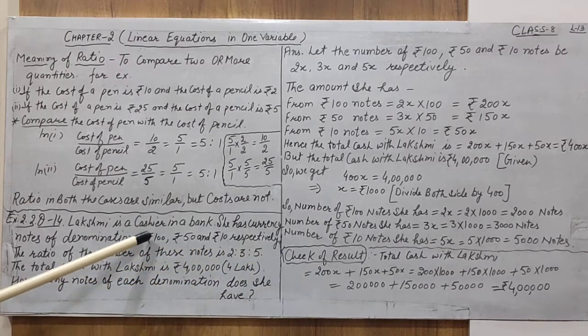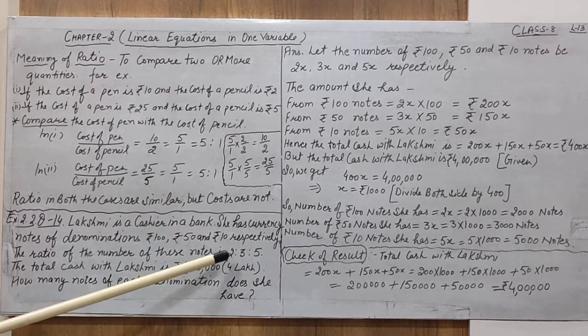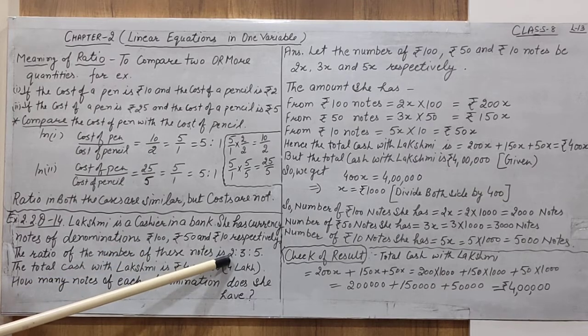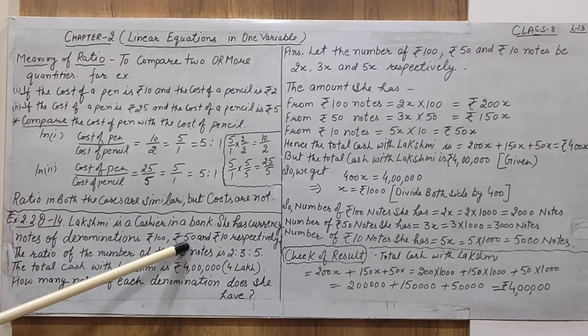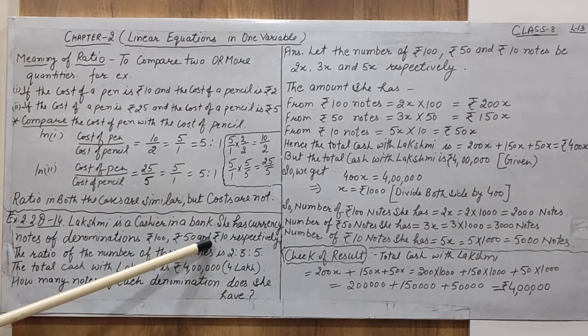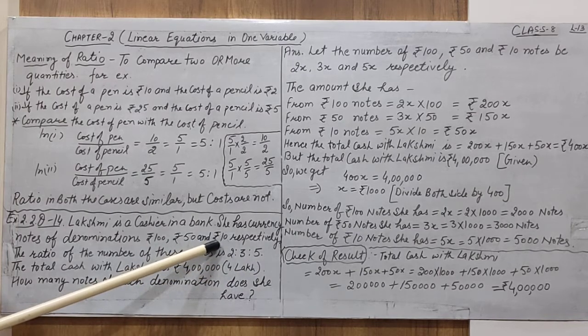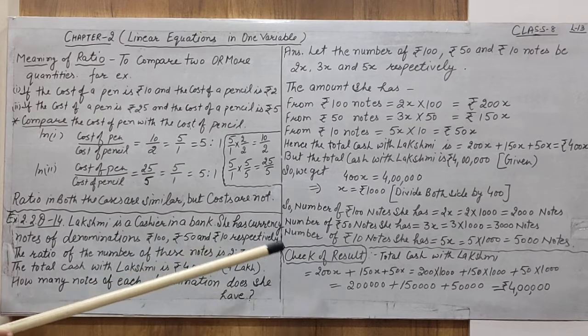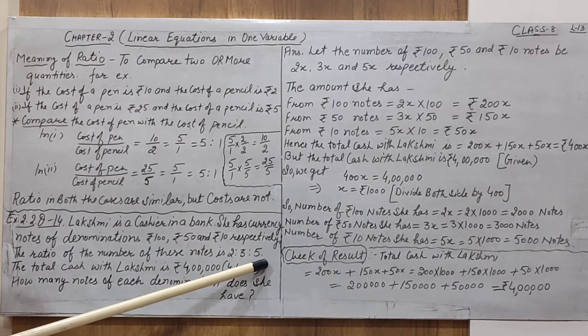Respectively means the first term is related with the first term of the ratio. The second note, that is the 50 rupees denomination, deals with the second number of the ratio. The third amount, that is the third denomination, rupees 10, deals with the third number of the ratio. Understand?